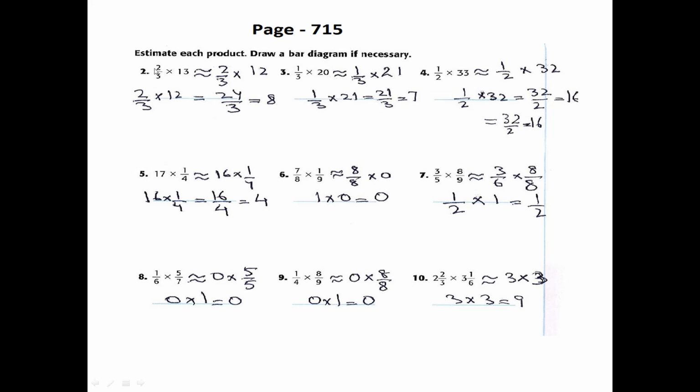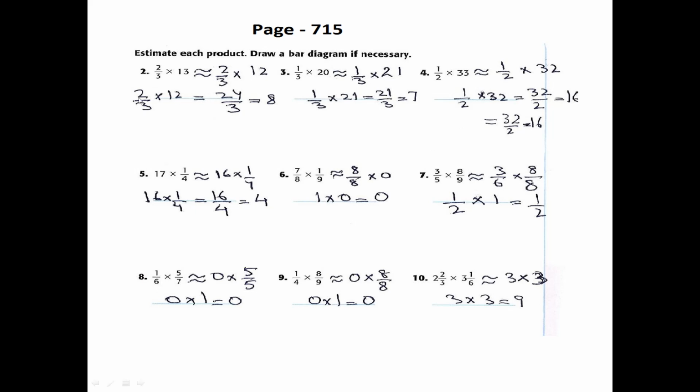Question number 2, we have 2 upon 3 multiplied by 13. By the curved line, I have shown you the estimate. 2 upon 3 we will write as it is, and 13 we will change into 12, because if we read the table of 3 we get 12, we don't get 13.